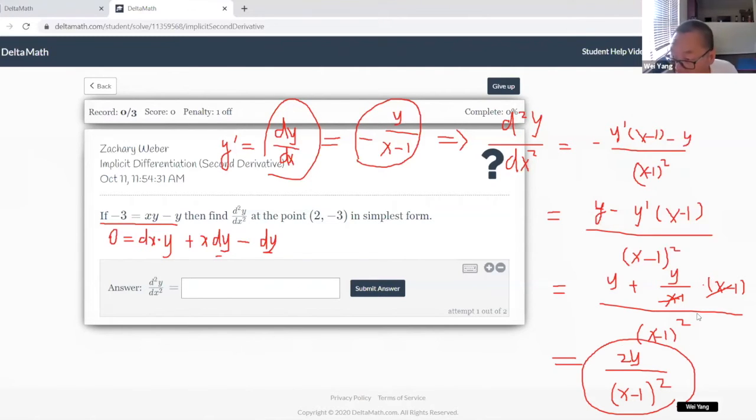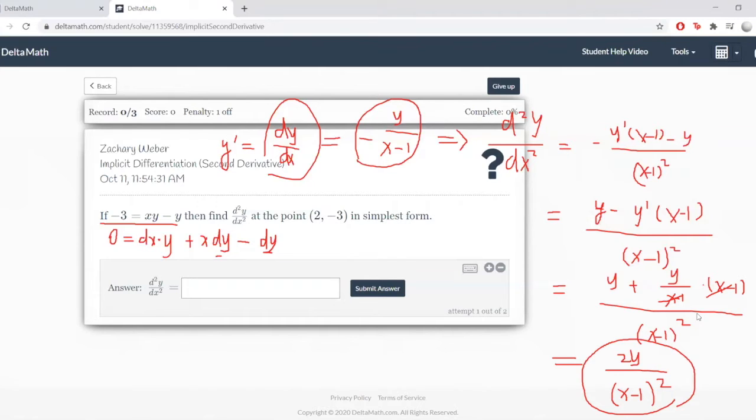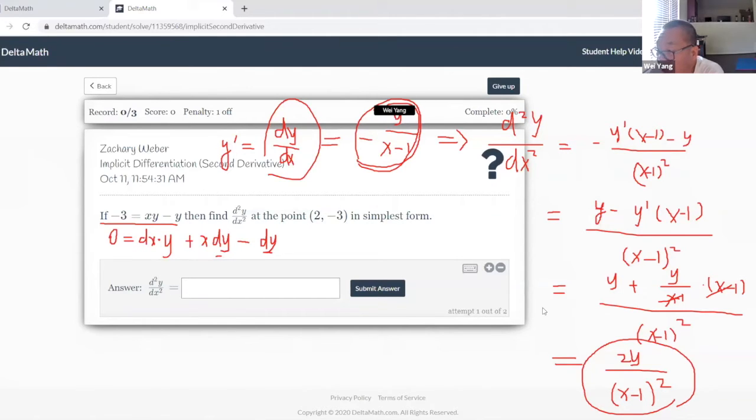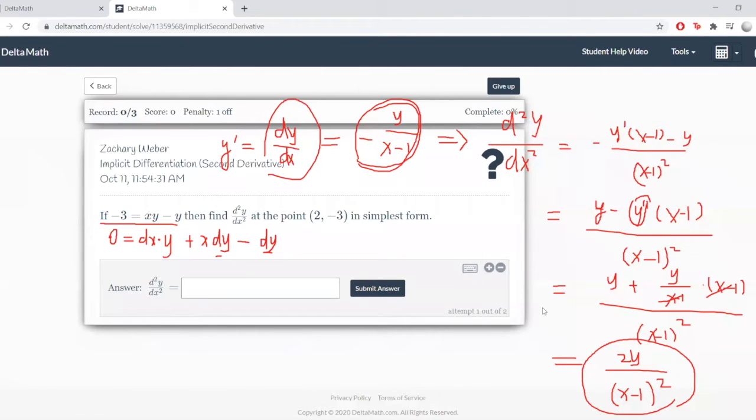Now, do you have any questions? Yes, going from the y minus y prime times x minus 1 to the next step. Yeah, from this one to this one. If this is correct, now y derivative, dy dx, that's the y derivative, so we need to replace this y derivative with negative y over x minus 1.